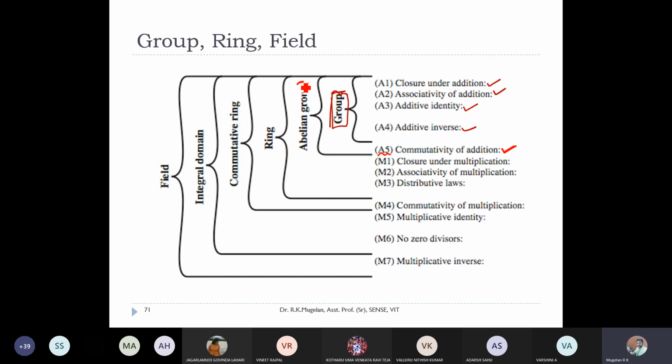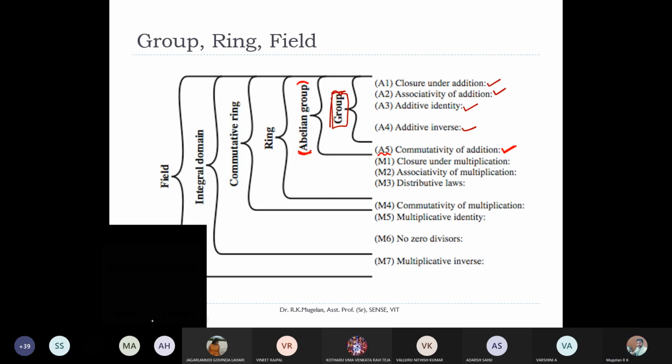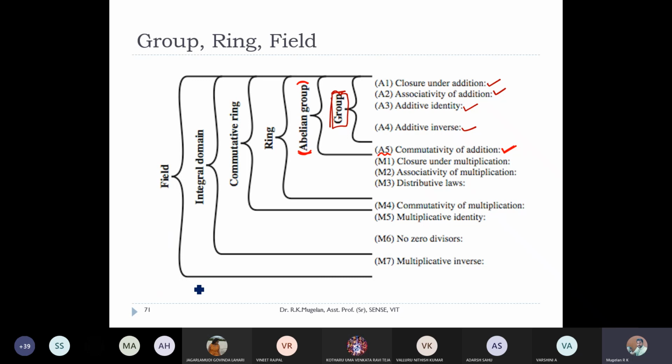Then I can call it an abelian group. Now this group is extended to multiplication in order to make it a ring. So it has the addition operation with the abelian group, along with multiplication satisfying closure, associativity, and distributive laws. Then I can call it a ring.